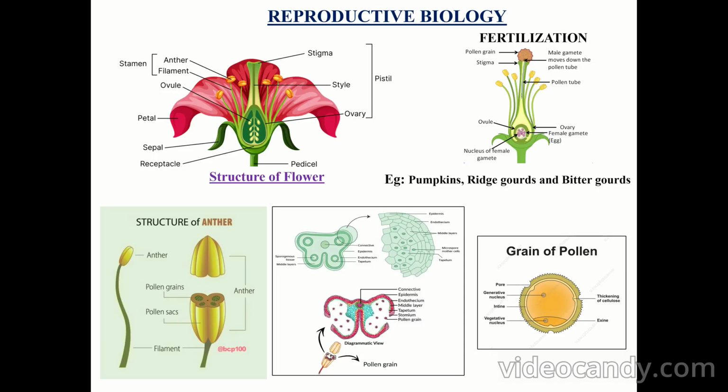Next to the endothecium, there are one to three middle layers, and the innermost layer of the anther is called the tapetum, which is nutritive as well as protective in function.